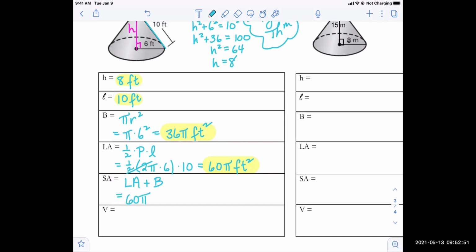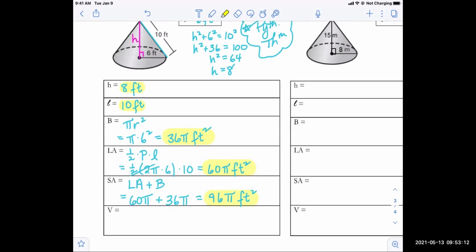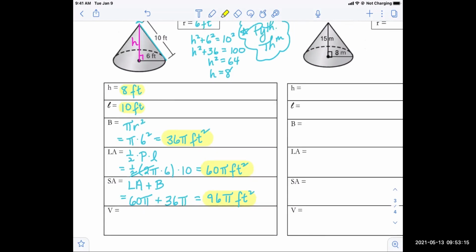And what's our base area? Okay, so what's your final answer? What's the label? Okay, and again, make sure you're practicing putting the labels on your answers, because then on the quiz or the final, you will automatically do that because you've been doing it all along.